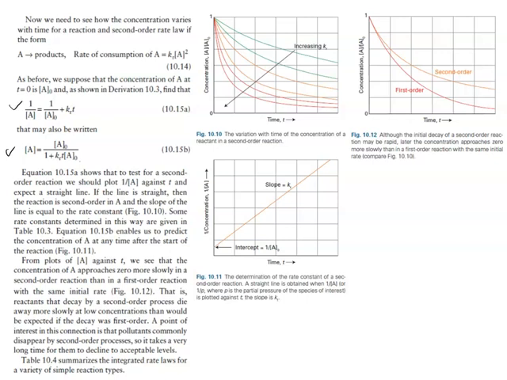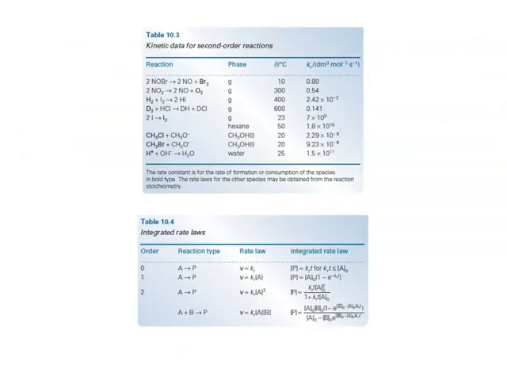Table 10.4 summarizes integrated rate laws for a variety of simple reaction types. Here are the two tables, including the summary of integrated rate laws in Table 10.4 for different orders of reactions.